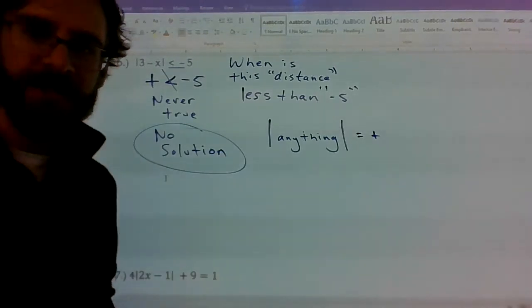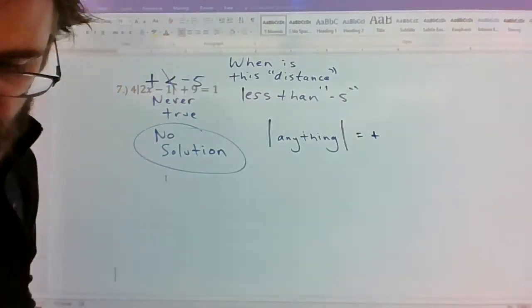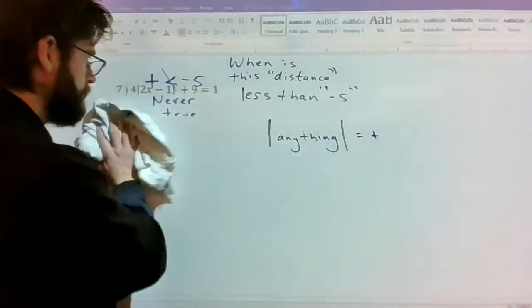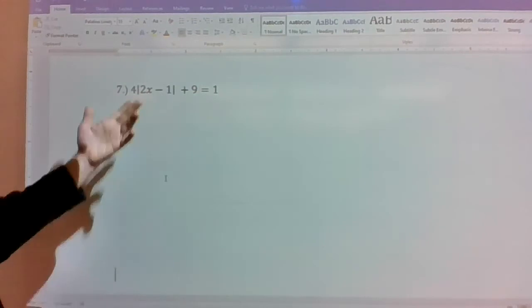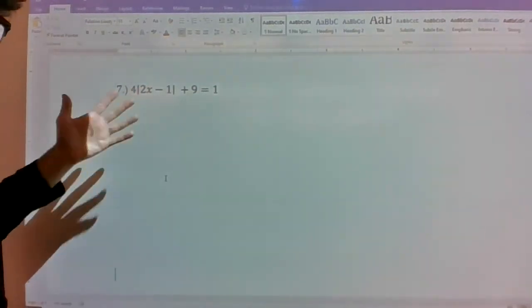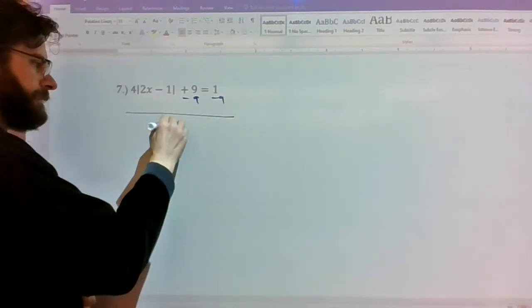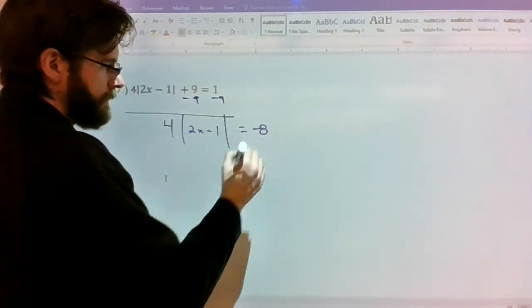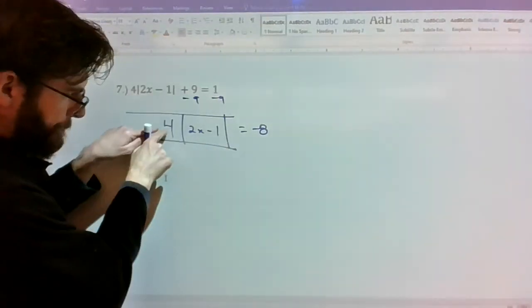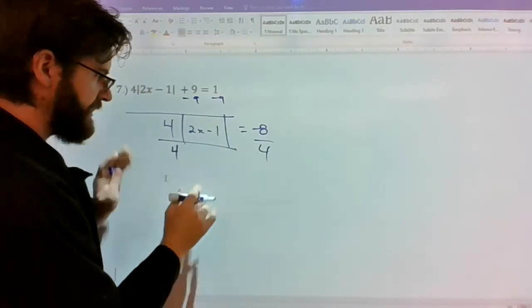All right, last one. Hopefully we can keep this thing under 20. All right, so I don't have the bars by themselves. I got to do that move first. I divide by the quantity on the outside. It doesn't affect anything on the inside.